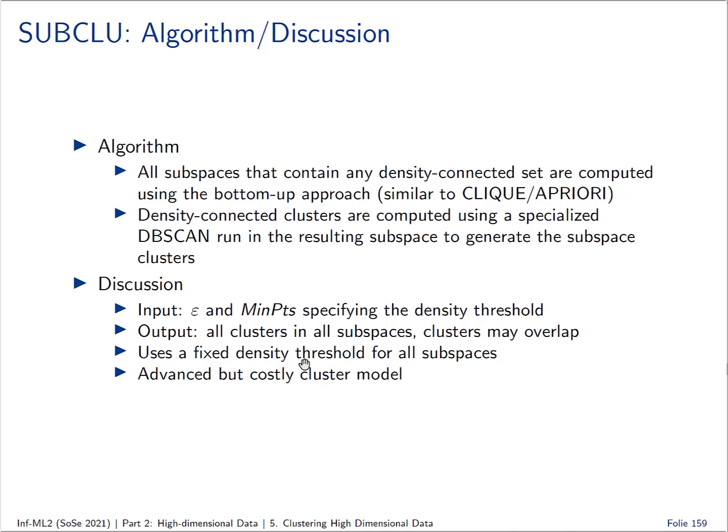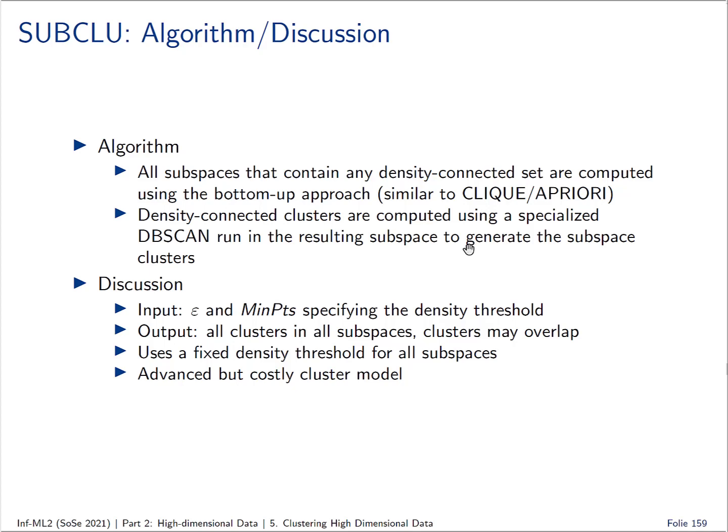The cluster model is now a little bit more advanced than these grid-based approaches, but on the other hand, it's also a little bit more costly. We have to run DBSCAN or a specialized DBSCAN on the resulting cluster, which is a little bit more heavy than the connected component best-first algorithm that we used for Clique for finding these connected neighboring grid cells.